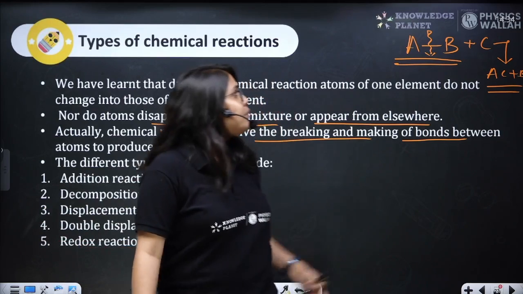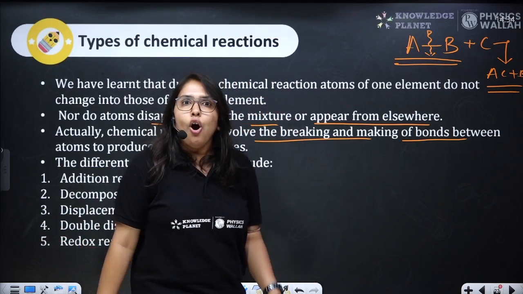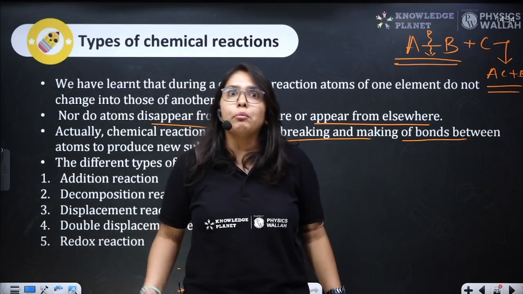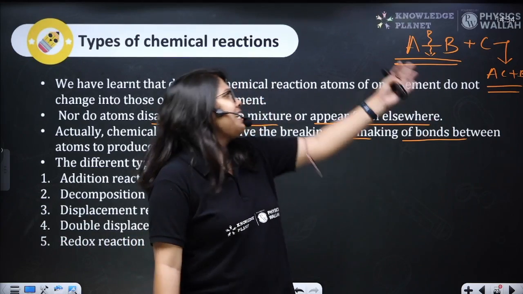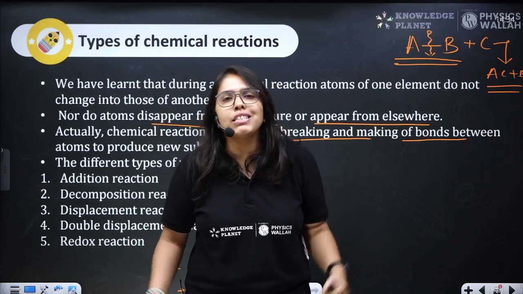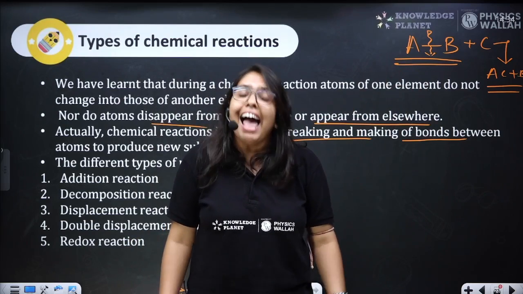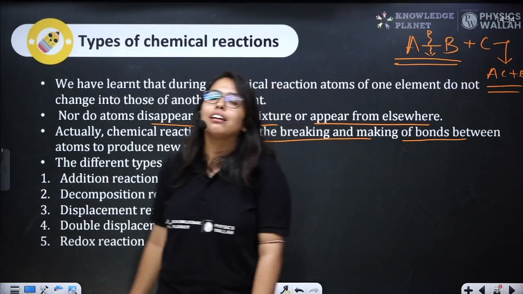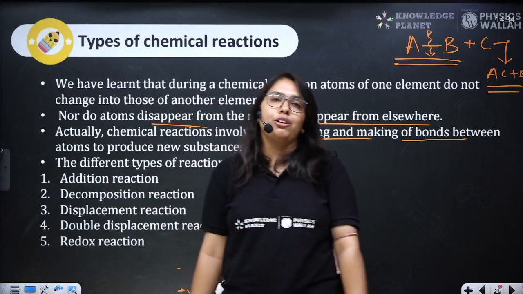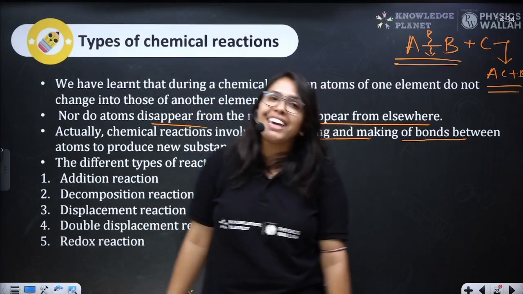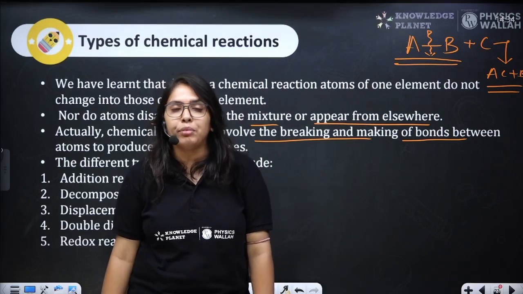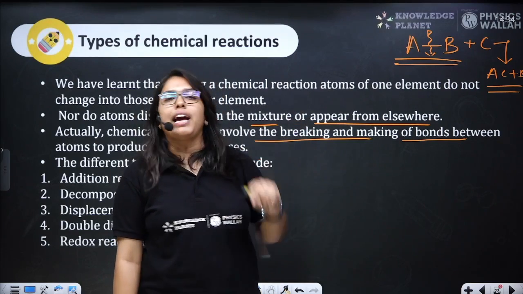So when there is a possibility of the formation or the breakage of bonds and relationships, these are nothing but just elements and compounds. Making and breaking of bonds, not baking, I'm so sorry, is what happens when a chemical reaction is taking place.